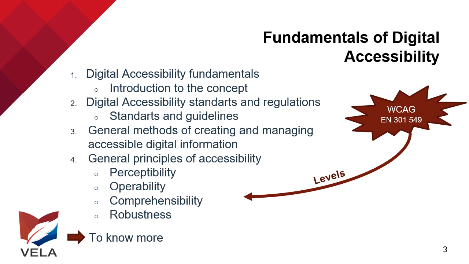The fourth part of the unit will introduce you to the general principles of accessibility, which are perceptibility, operability, comprehensibility, and robustness. In general, you will find these principles separated by different success criteria in standards such as WCAG and others.